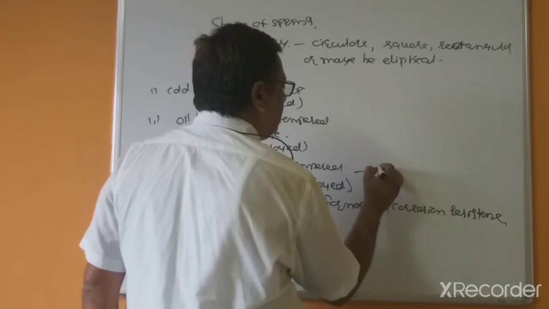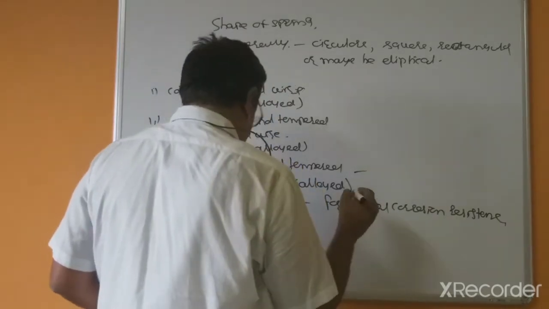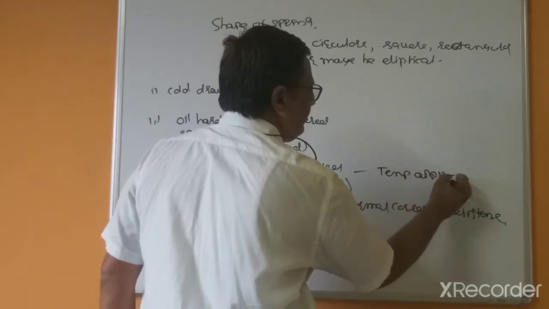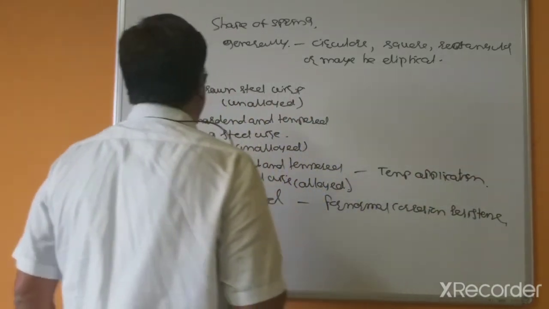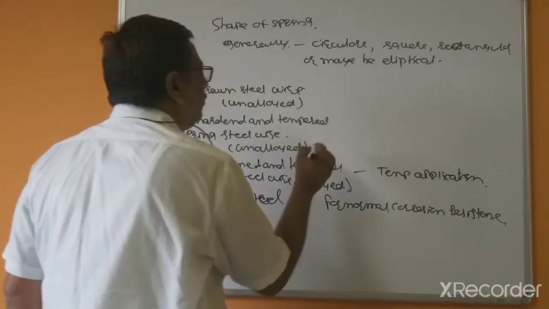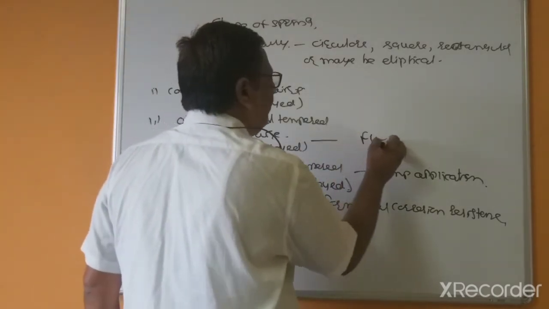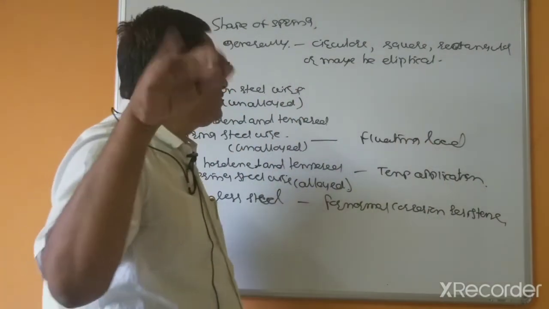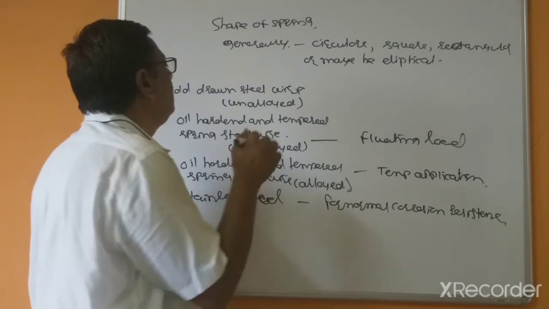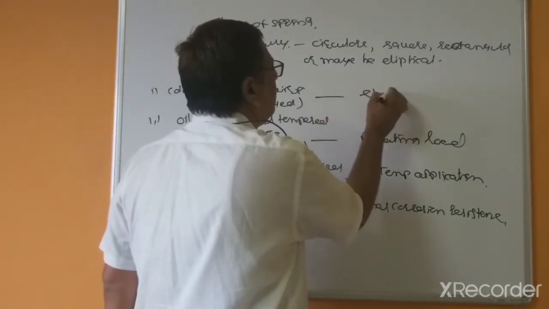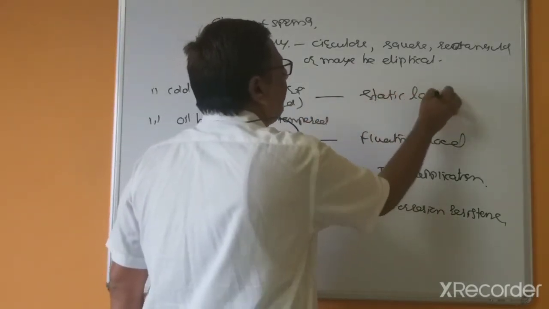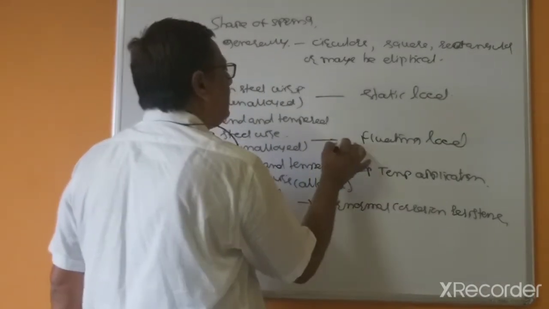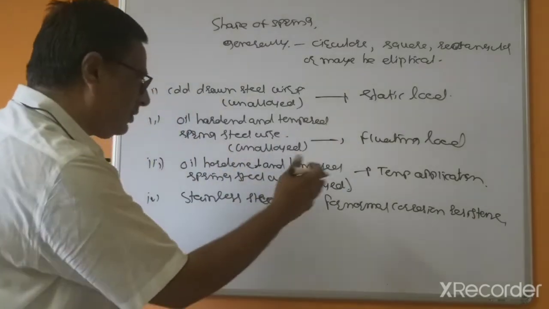So this is for temperature application, and this is for fluctuating load, means when the load varies between minimum and maximum, such loads are called fluctuating load, and this is for static loading. So these are the different types of materials.